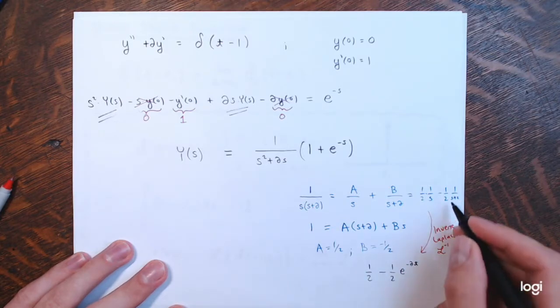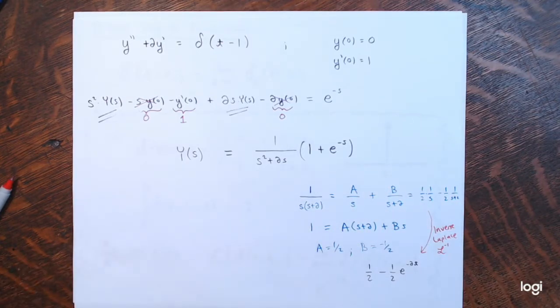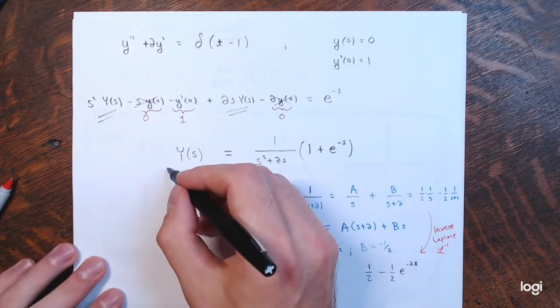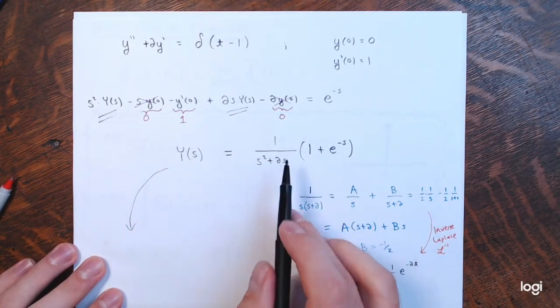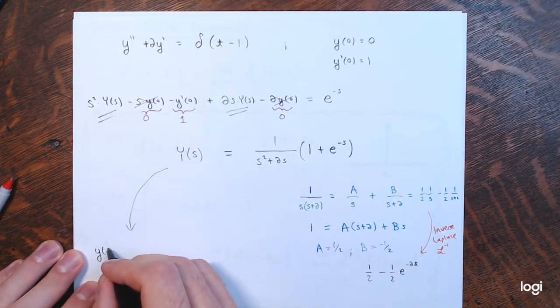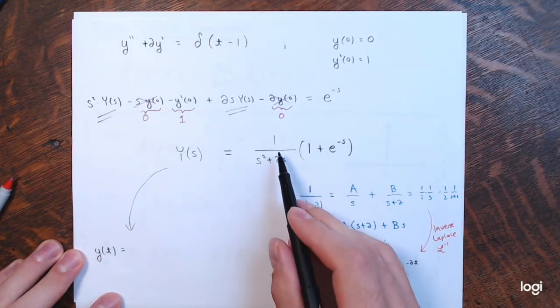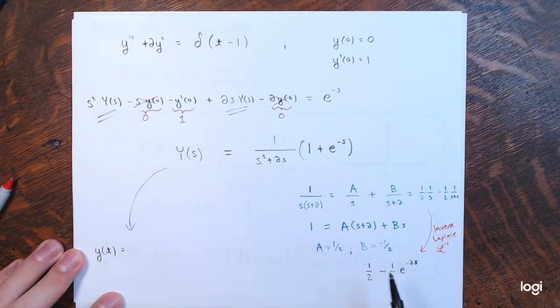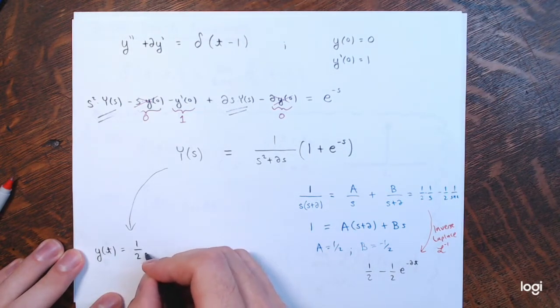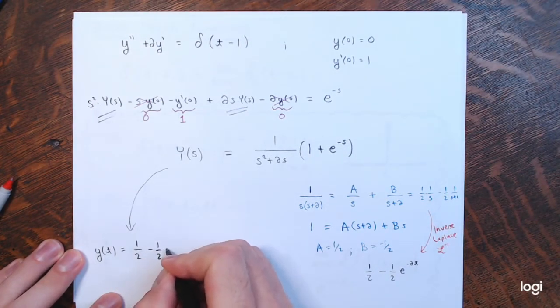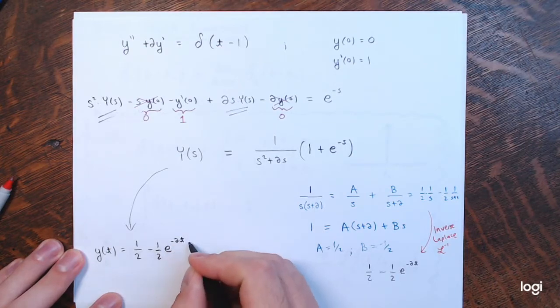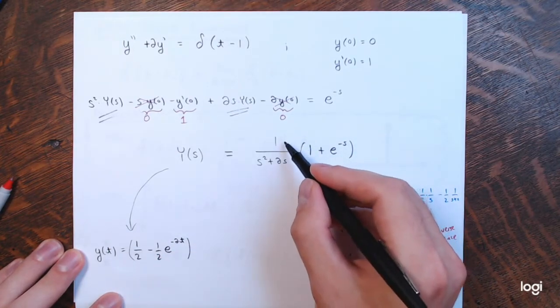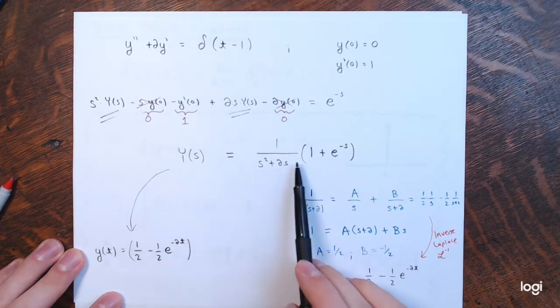This function would have that Laplace transform. So taking this term by term here, we have y of t equals, for 1 over s squared plus 2s times 1, there's the inverse Laplace transform. It'd be 1 half minus 1 half e to the negative 2t.